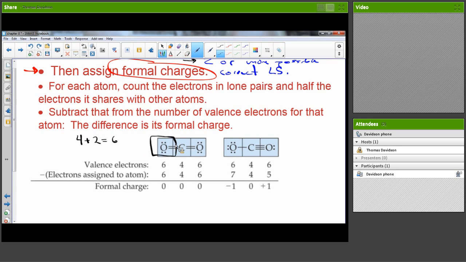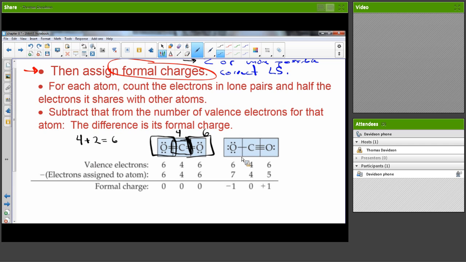So in this version of CO2, both these oxygens have 6 assigned electrons. How many assigned electrons in carbon then? There's 8 shared electrons, so it's half of that, so it's 4. You okay with that?